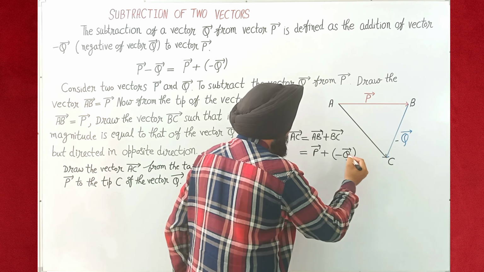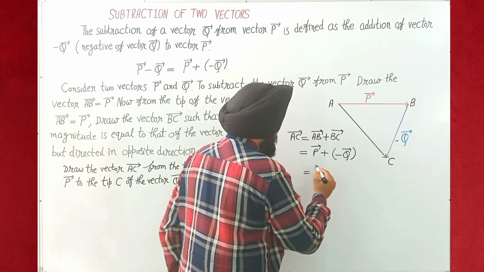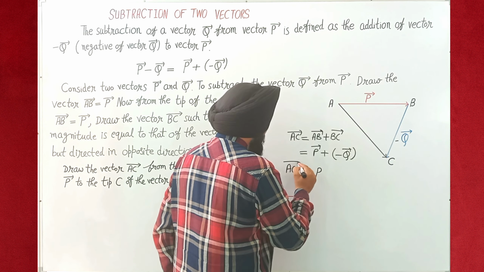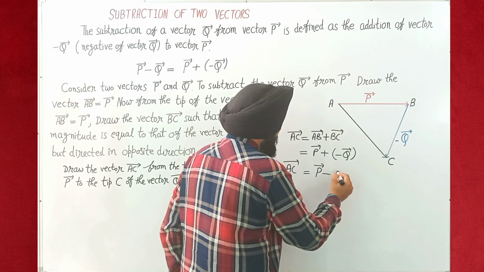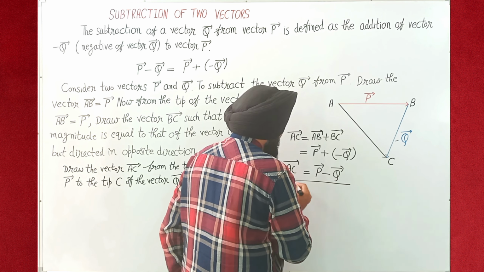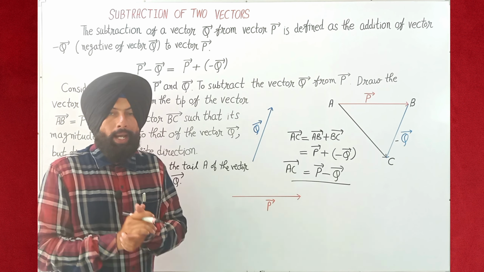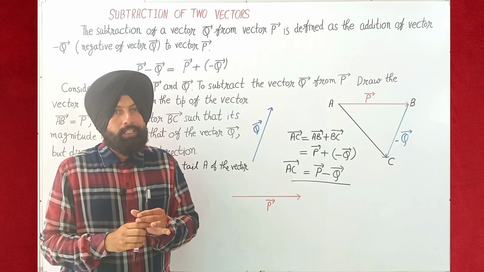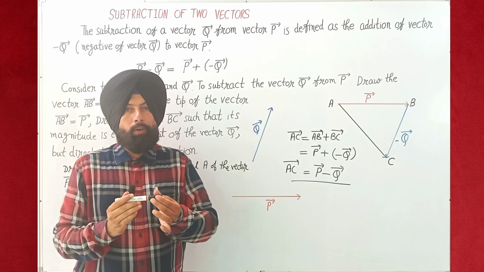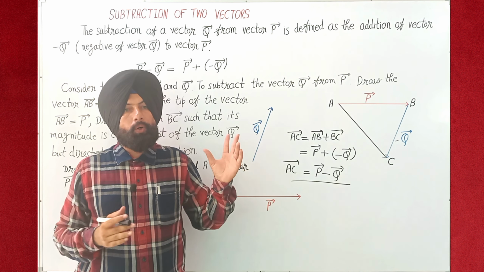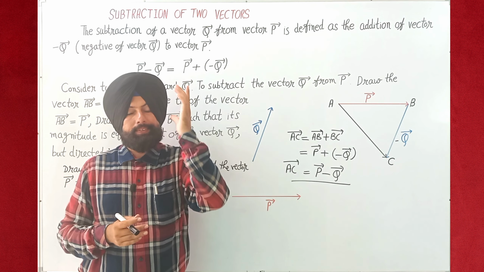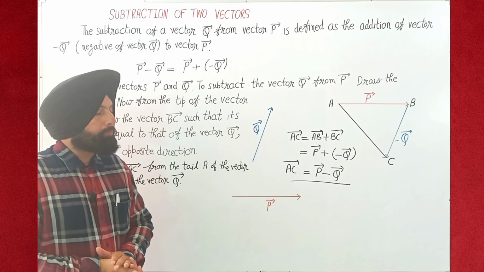Therefore AC vector equal to P vector minus Q vector. So it is all about subtraction of two vectors.